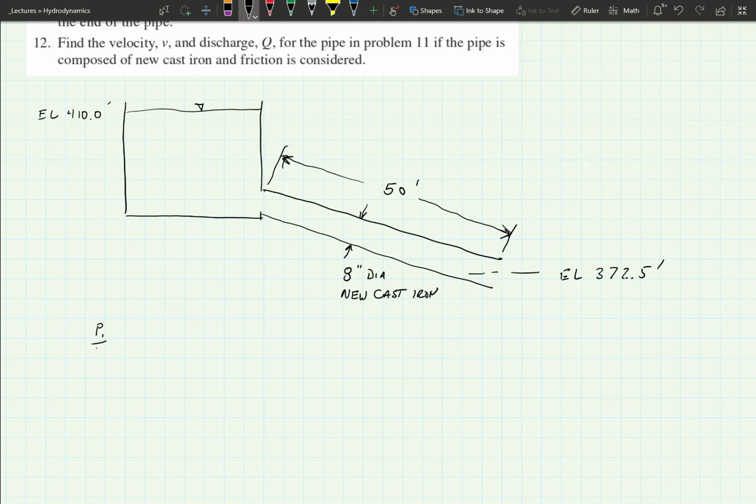Pressure 1 over specific weight plus velocity squared 1 over 2g, plus z1, equal to p2 over specific weight plus velocity squared second velocity over 2g plus z2 plus, now we're going to have the HL, the head loss.